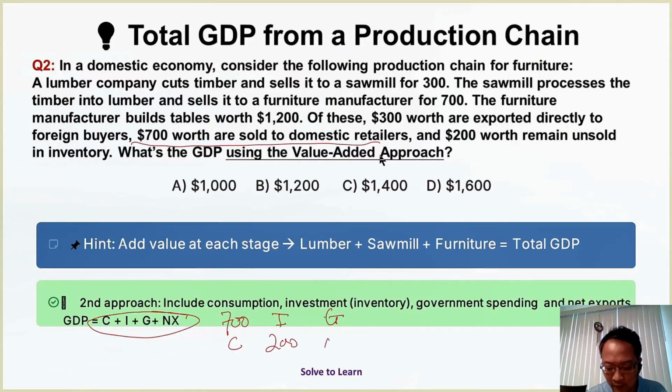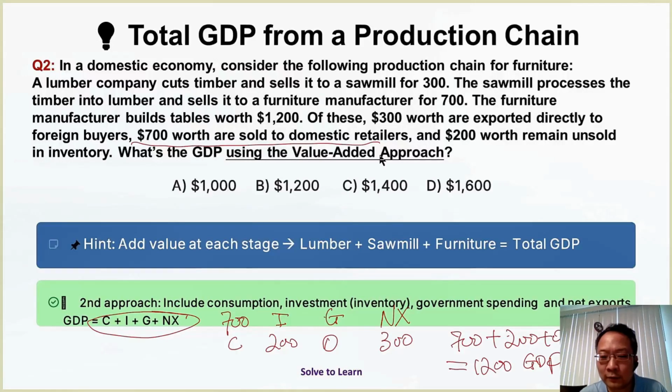Government. Well, in this small exercise, we don't actually have any government spending. Now, let's look at net exports. It's clear. They already said that 300 worth was exported. So, as we can see, in the end it's 700 plus 200 plus 0 plus 300, and we also get a GDP of 1200. So you can see that GDP can actually be calculated in many different ways.